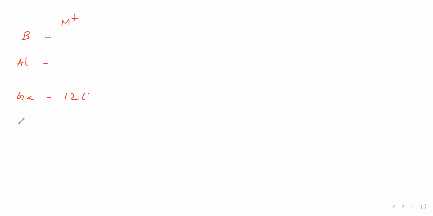Indium plus 1 is possible, that ionic radius is 140 picometer. Thallium plus 1 possible, that ionic radius is 150 picometer. So from gallium to thallium, the ionic radius of plus 1 increases.